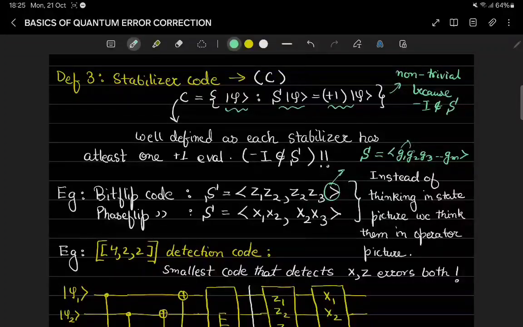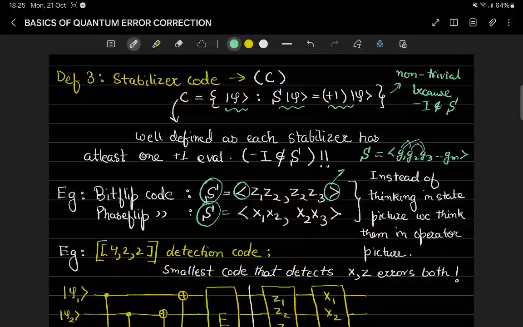By multiplying I can generate new elements, and that's what this symbol means. The main idea is that just by defining my stabilizer, I am defining a code space, that is the stabilizer code. And this is the main idea.